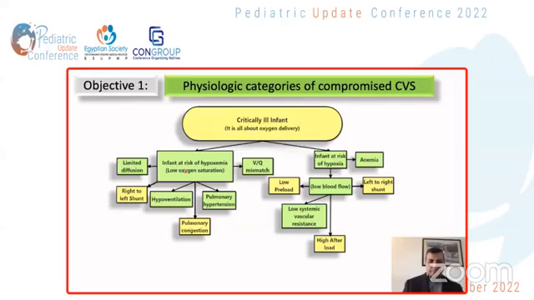Either it is related to high risk of hypoxemia due to a lung-related issue with potentially low oxygen saturation, which could be related to limited diffusion through the alveolar membrane, intrapulmonary right-left shunt, hypoventilation, pulmonary hypertension, pulmonary congestion, or VQ mismatch. So that's one of the main categories, and we'll discuss this category in detail in the second part of the presentation when we discuss the compromised pulmonary circulation.